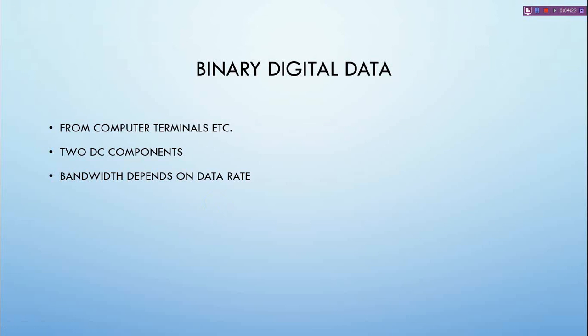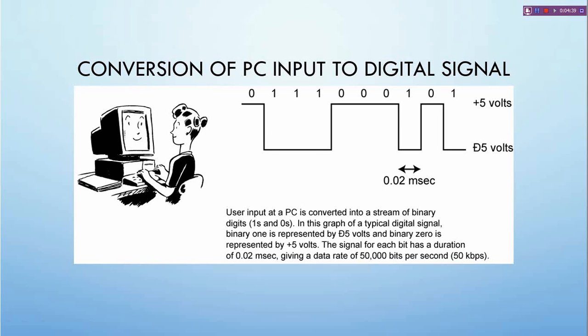Then binary digital data. From a computer terminal we generate binary digital data. Binary digital data also uses two DC components, and the bandwidth depends on the data rate. In a PC we input the data and it is converted into digital binary, like 1 and 0, and the graph in this figure shows the digital signal.